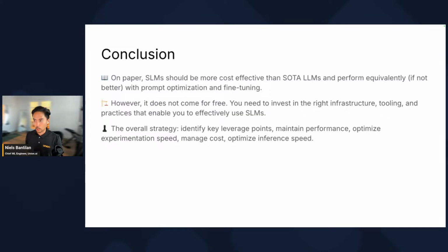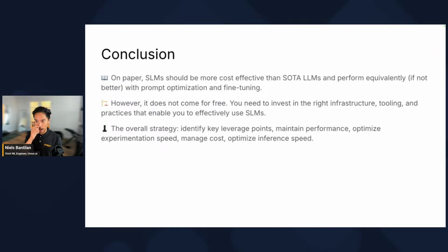Then, once you've identified these key leverage points, maintain performance by building a synthetic data set to implement AI unit tests, which is important to set a baseline and catch regressions. Then you optimize experimentation speed because, as I said earlier, with prompt optimization and fine-tuning there's a lot of iteration that needs to happen.